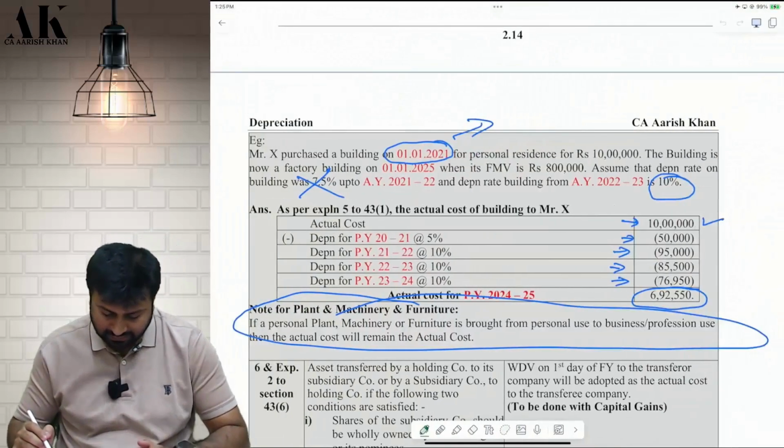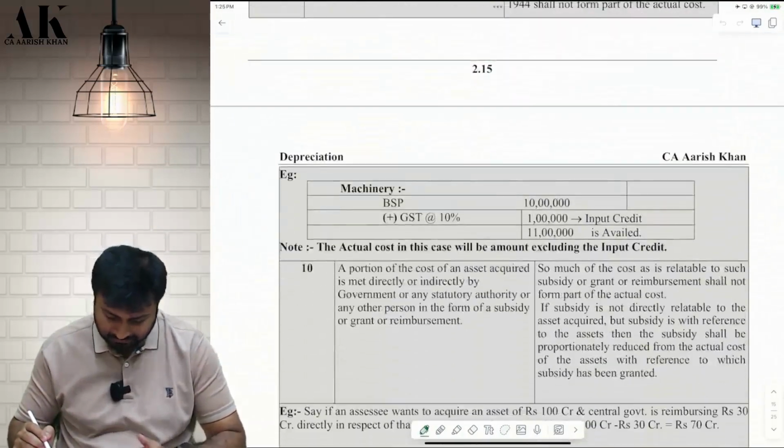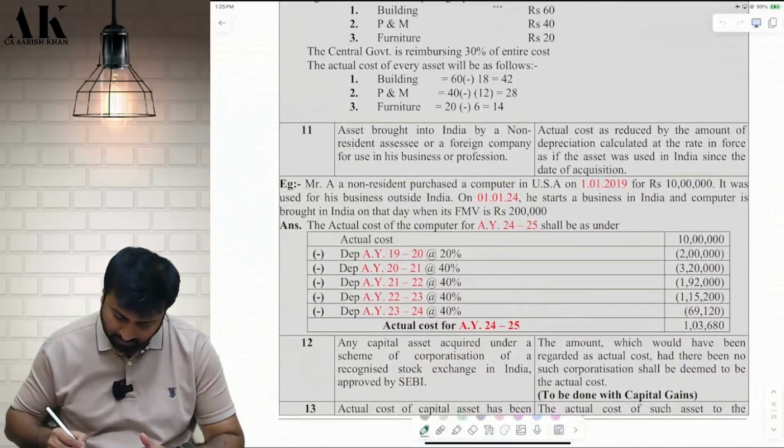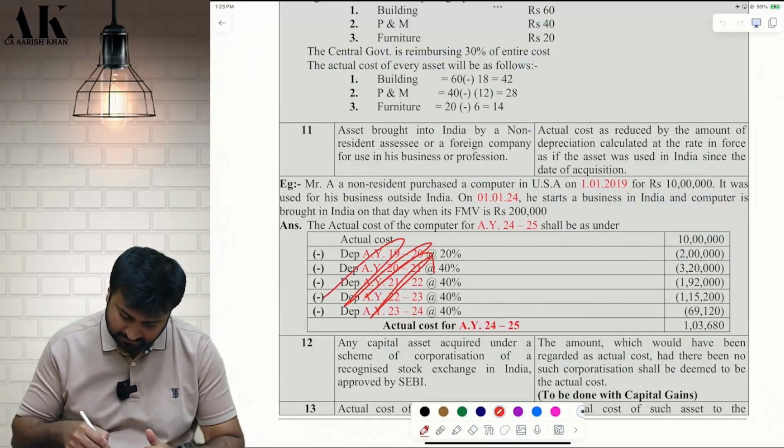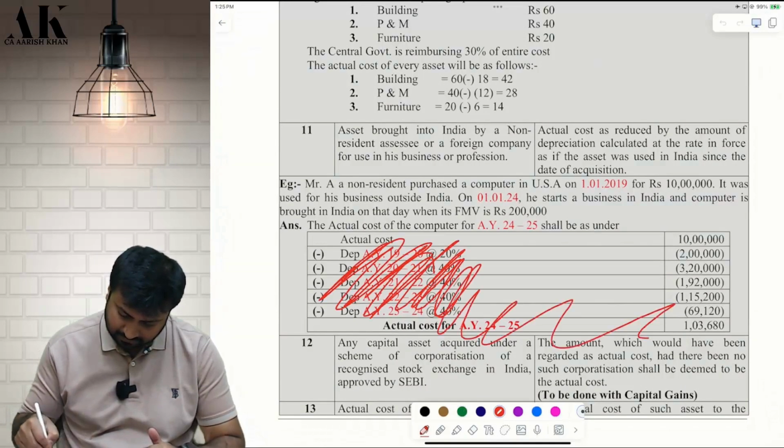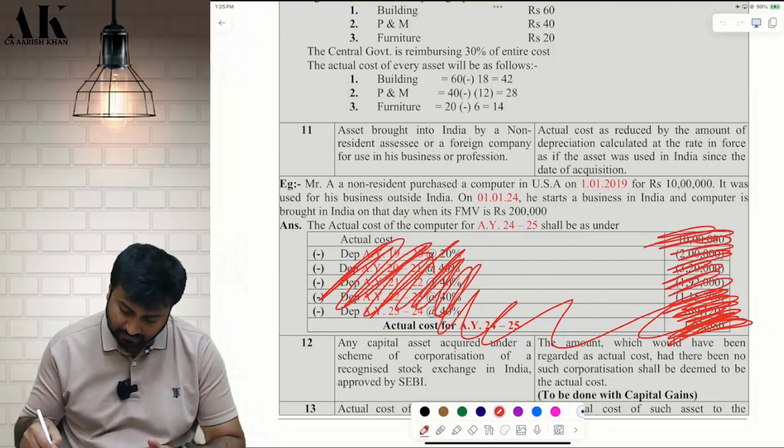So now there is one illustration based on this over here. I want you all to solve this illustration, please. Get me the answer.